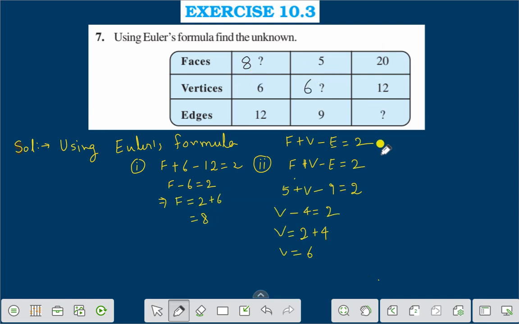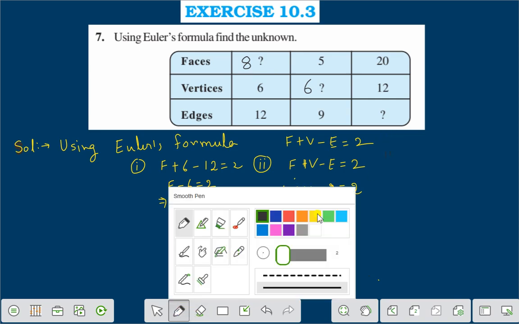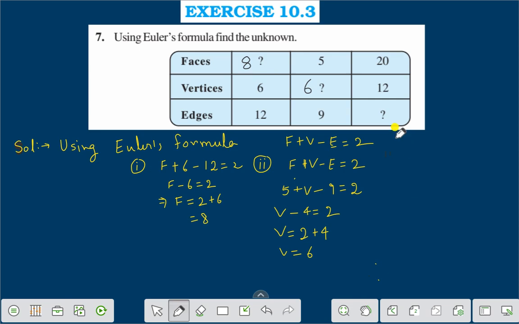We'll find this one, that is question number 3. Here it is using Euler's formula, that is f plus v minus e is equal to 2. Here see, face is given as 20.